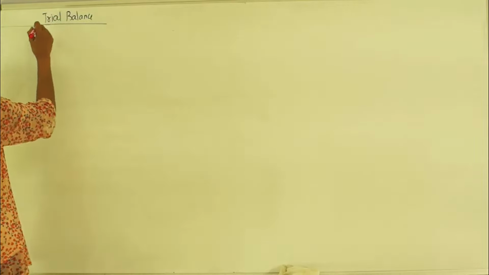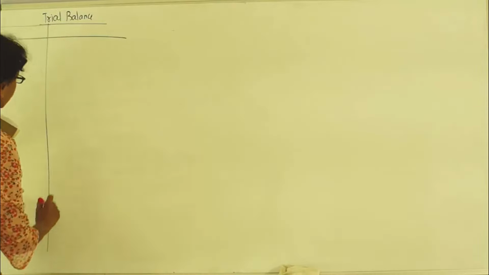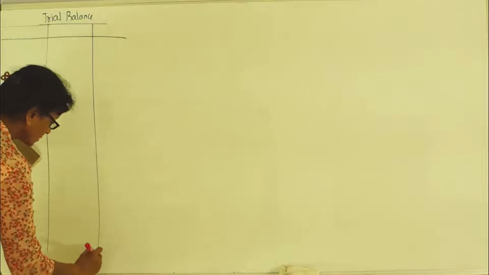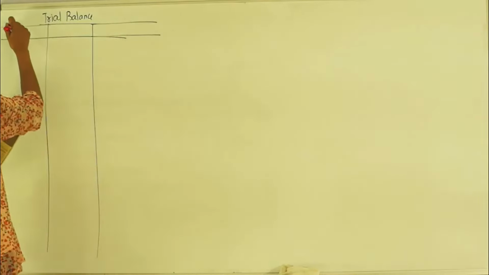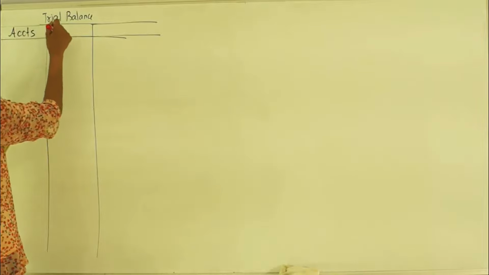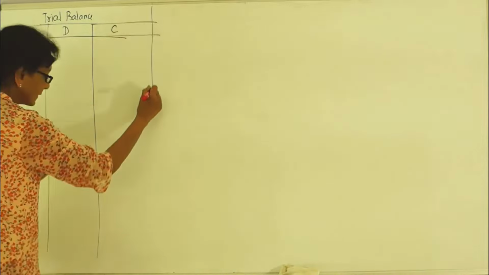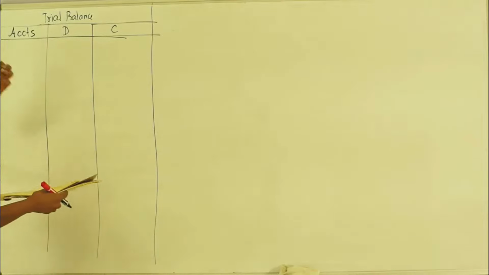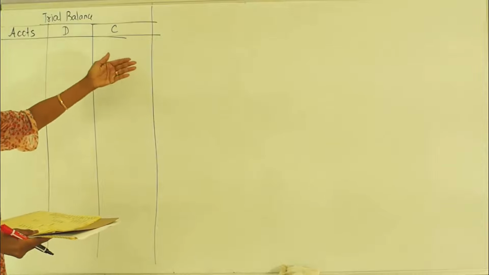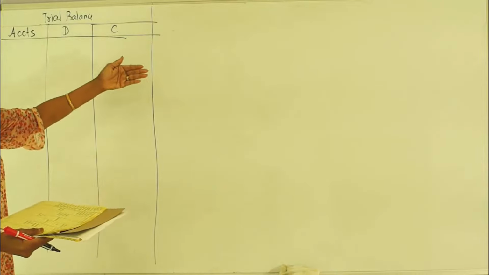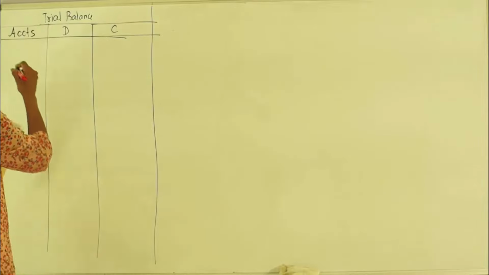So here these are the accounts, and this is the debit side and this is the credit side. So now we are going to list all the accounts from the previous illustration, and now we are going to put down all the account balances.